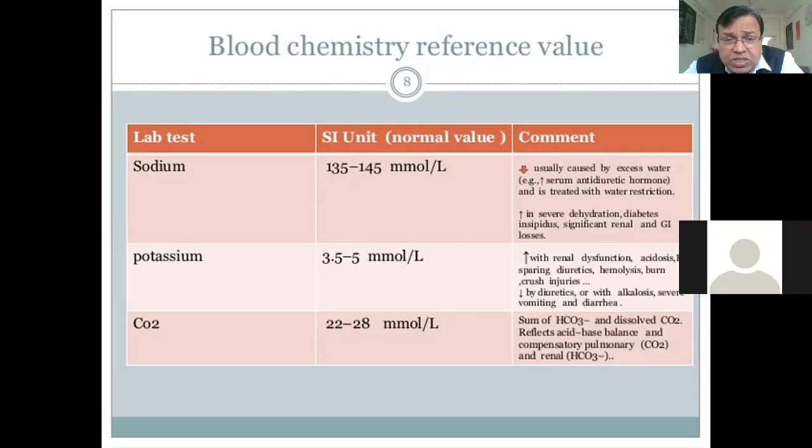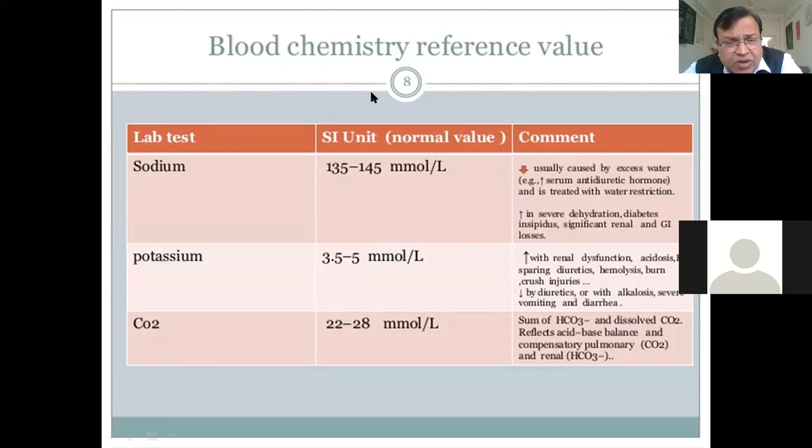The concentration of sodium is decreased with excess water intake, when you are taking diuretic drugs, or when you are suffering from severe dehydration.